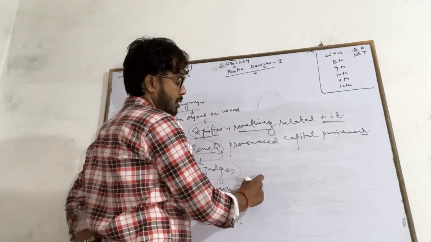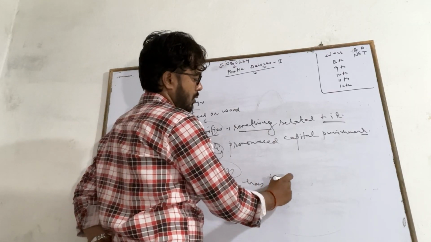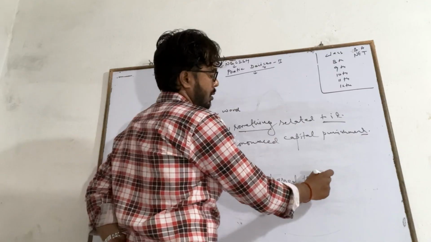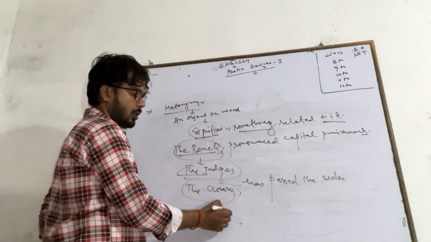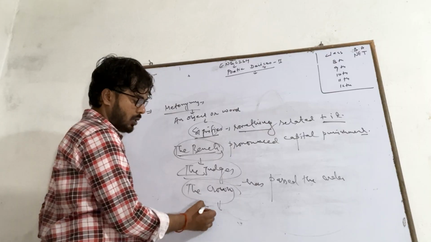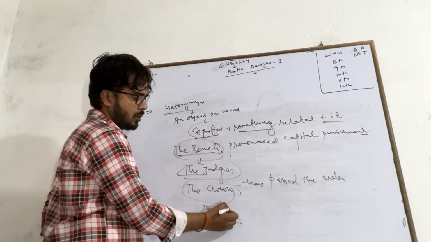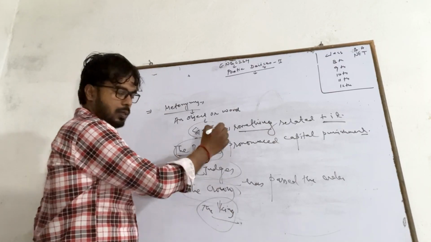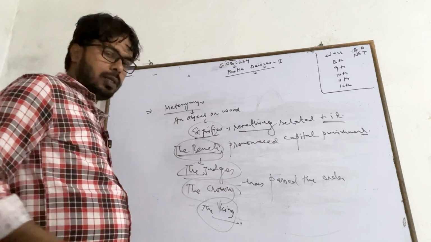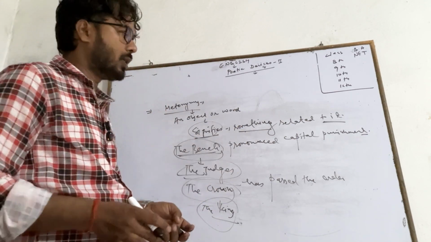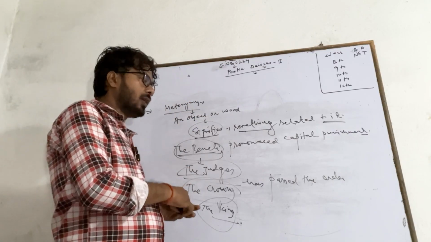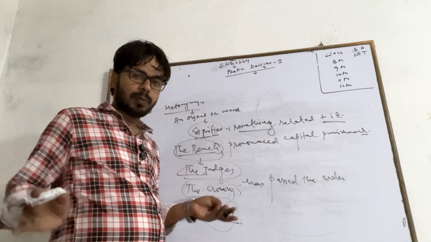The crown has passed the order. What is the crown? Is this a simple crown? No. This is a symbol of the king. It is an object which gives a different meaning associated with that particular word.